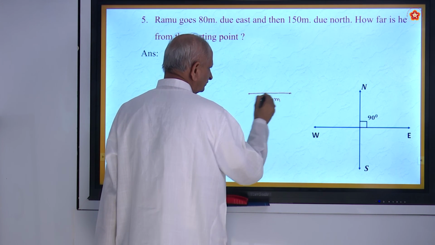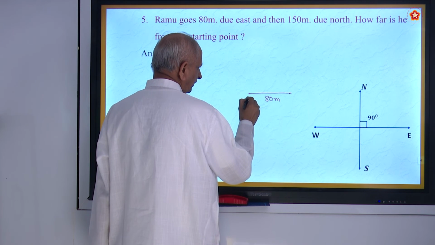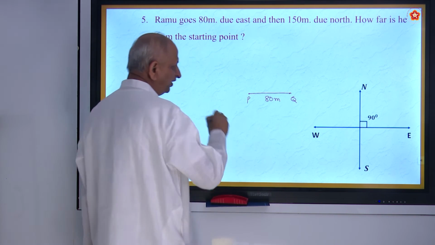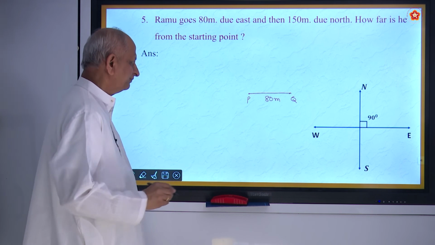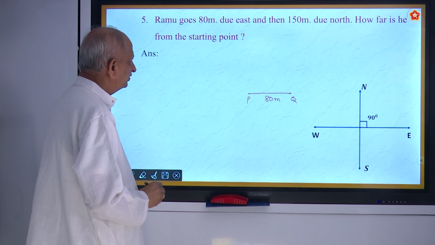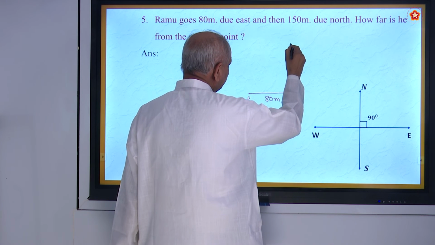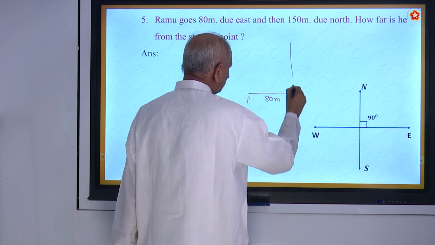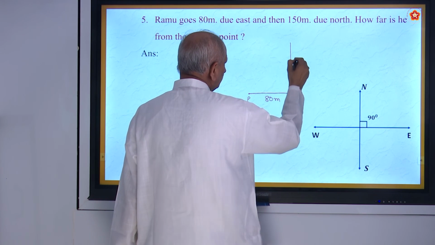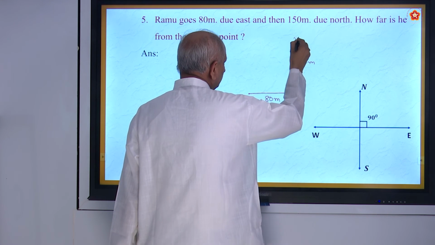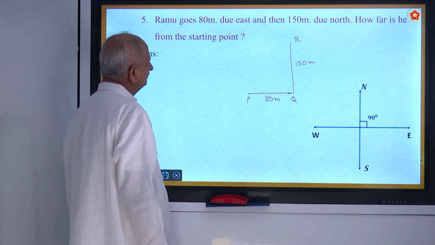We will call it P here, Q here. East direction means to the right. From there he goes north 150 meters. So this is 150, roughly I am telling. So this is the third point he reaches.